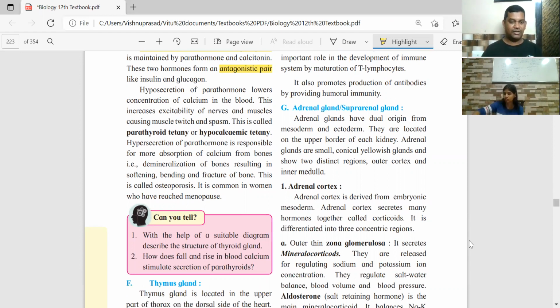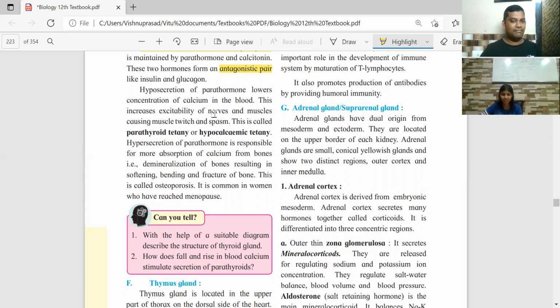If the amount of parathormone is less, that is hyposecretion, then logically the calcium concentration in the blood will become less. If the blood calcium level decreases, it will increase the excitability of the nerves and muscles. The nerves and muscles will become overstimulated.